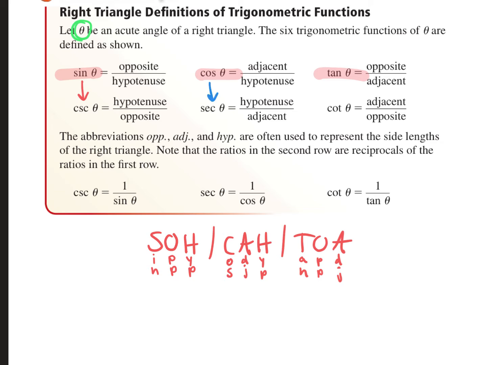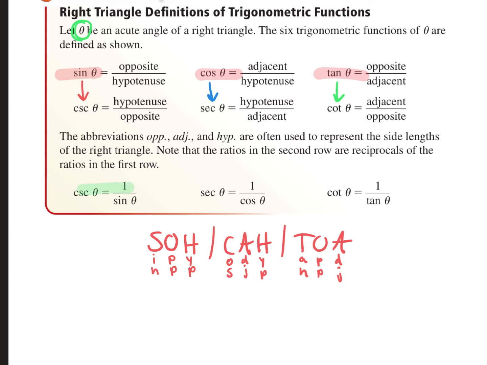Secant is the reciprocal of cosine. So instead of being adjacent over hypotenuse, it's hypotenuse over adjacent. And cotangent is the reciprocal of tangent. So instead of opposite over adjacent, it's adjacent over opposite. Tangent and cotangent are reciprocals.